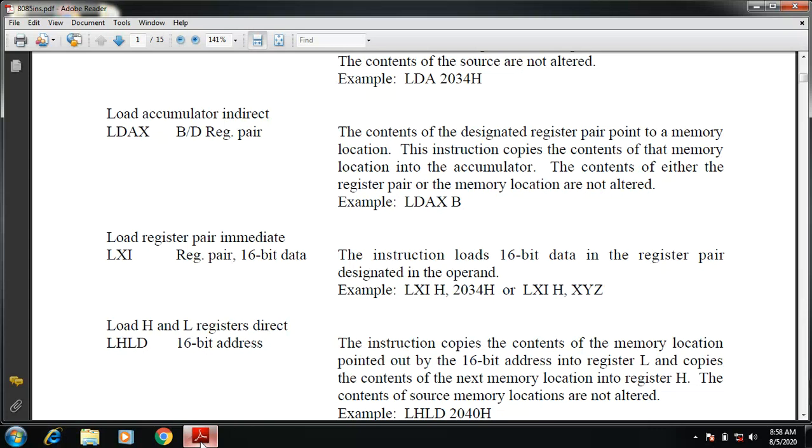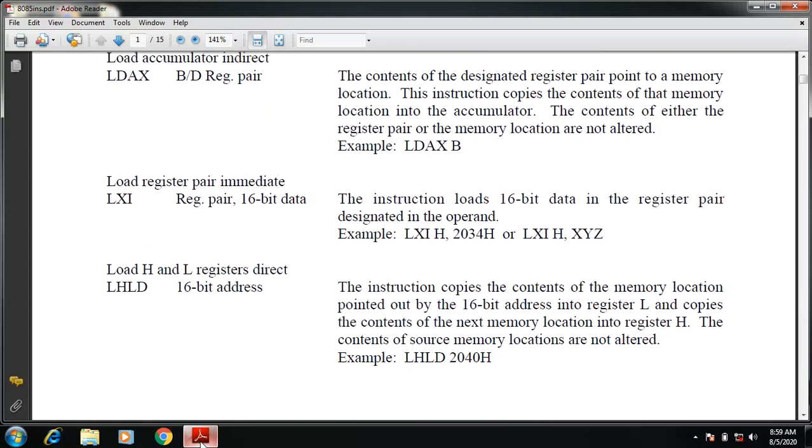For example, LXI H, 2034. So the 16-bit data will be copied to the specified register pair, that is the HL register.